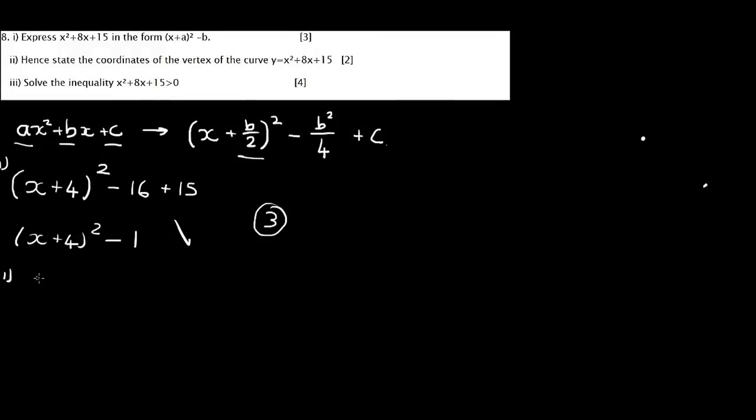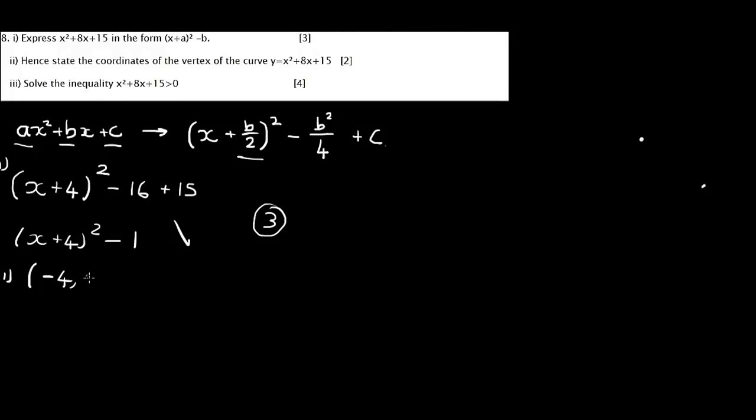So for the x coordinate, we change the sign, so the coordinates are minus 4 and minus 1. And we get 2 marks for that. Again, when it says state, if you find yourself having 2 calculations, you're probably doing something wrong, because state means exactly what it says, just by inspection.